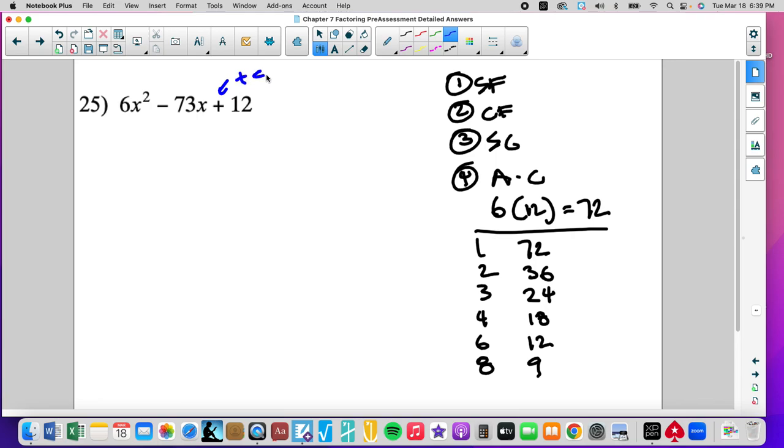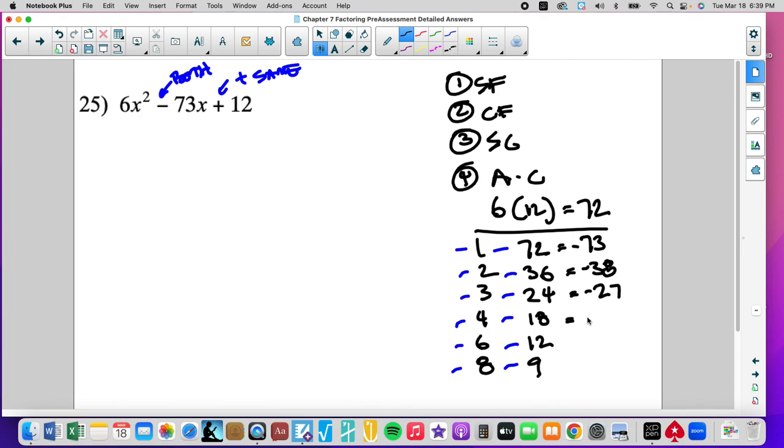Signs are the same. Both are negative. Put those in there. Negative 73, negative 38, negative 27, negative 22, negative 18, and negative 17.